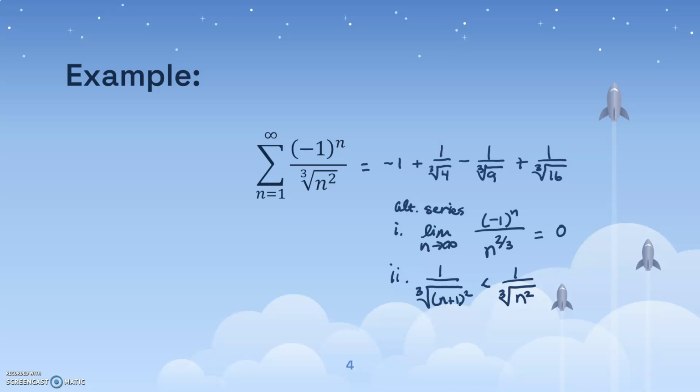But if it were not alternating, if it were just 1 over the cube root of n squared, that series is not alternating.